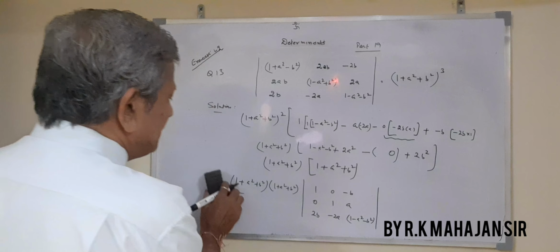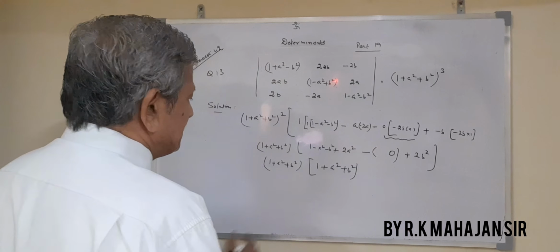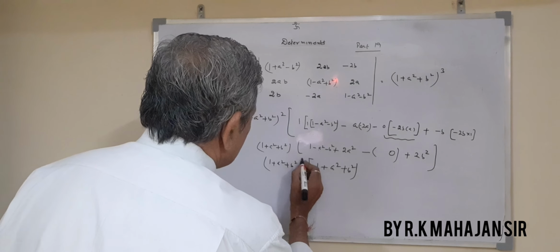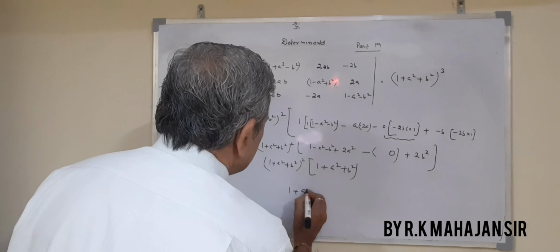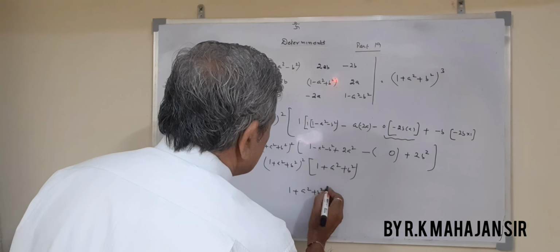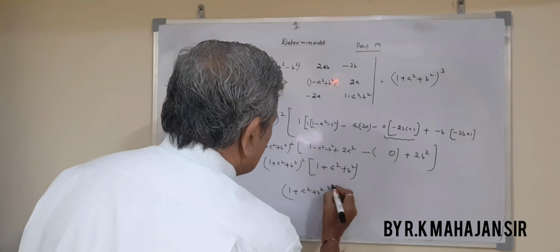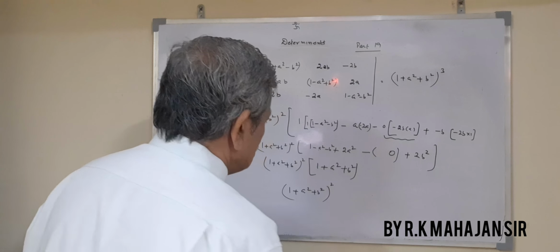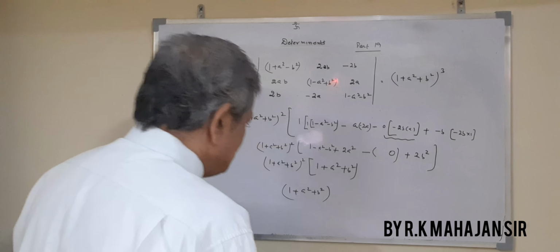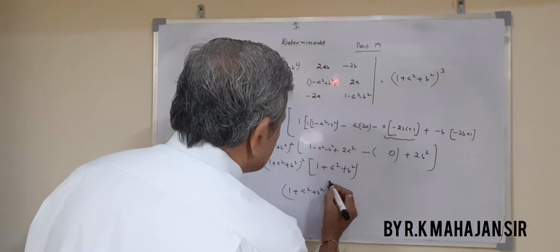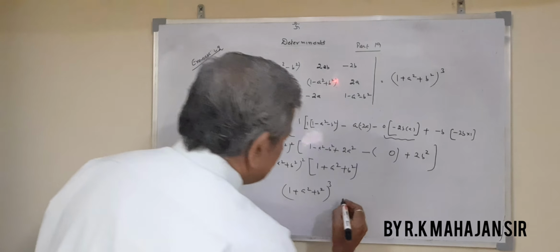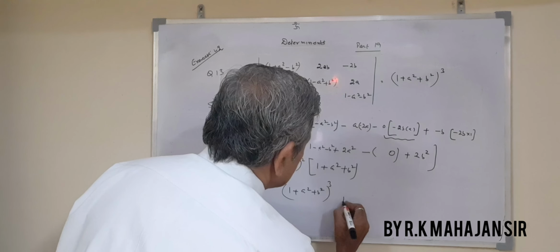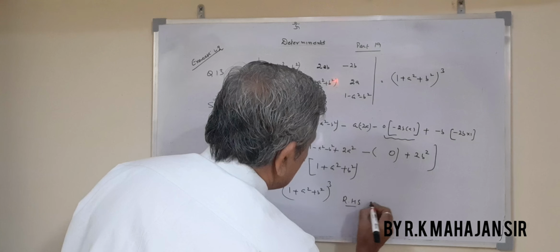So lastly, in the end, you would get 1 plus a square plus b square whole cube. Sorry, this is whole cube because this is the similar one. So hence, the right hand side is proved.